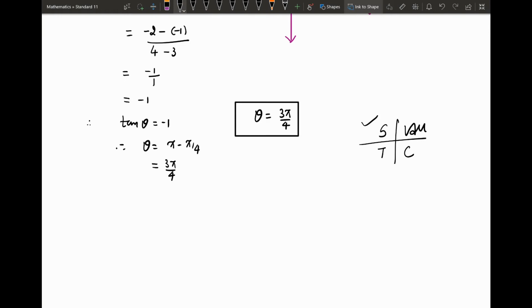So we take pi minus pi by 4, and the angle will be 3 pi by 4. So the interpretation is: the given line AB makes an angle of 3 pi by 4 with the positive direction of the x-axis.